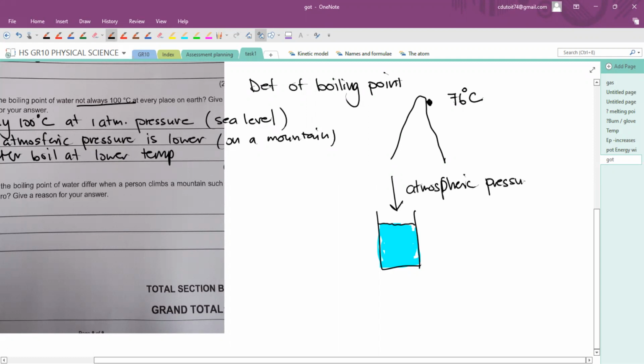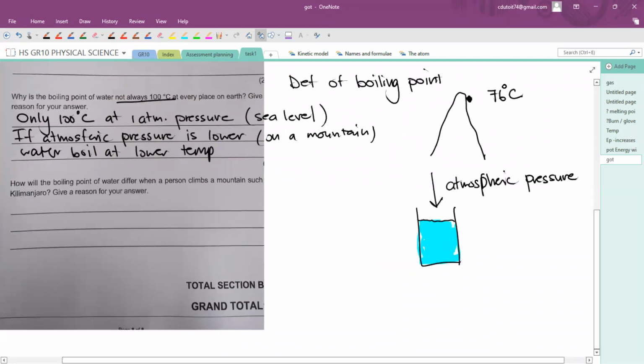The higher that pressure, the more difficult it becomes to boil. So if we lower the atmospheric pressure, the water vapor will just come off. So you can make water boil without adding any temperature to it. You can just lower the pressure.